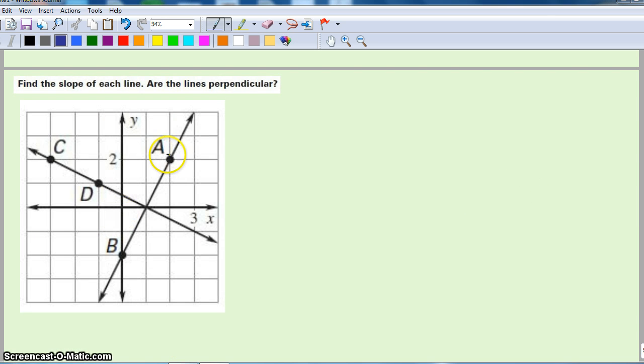Alright, on this next one, are they perpendicular? I don't know. Figure it out. A, B, C, D. Alright. A to B. B's in the bottom, so we'll start at the bottom. We gotta rise first.